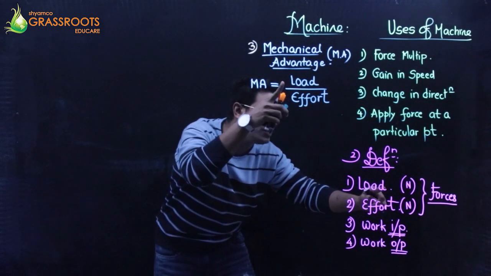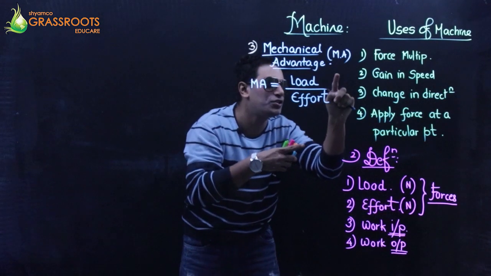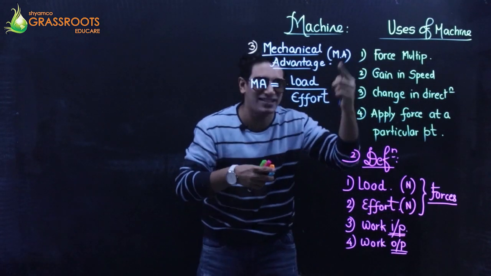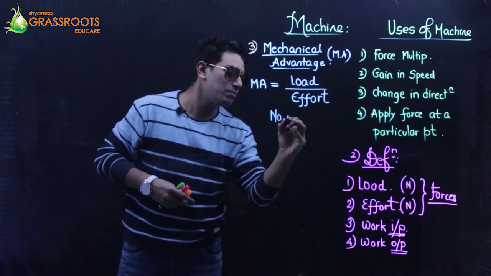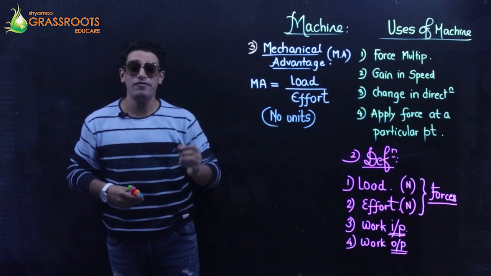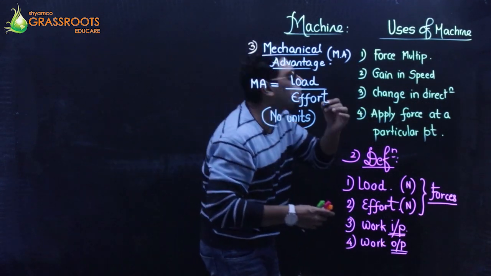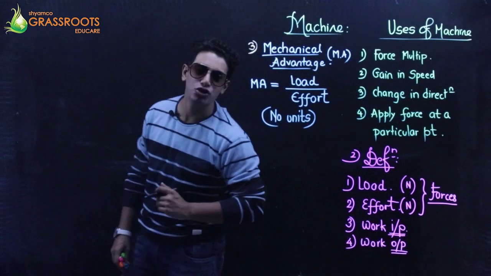Load is measured in Newton. Effort is measured in Newton. Newton upon Newton, cancel. So I can say it has no units because it is a ratio. So the definition is mechanical advantage is equal to the ratio of load to effort. No units because it's a ratio.